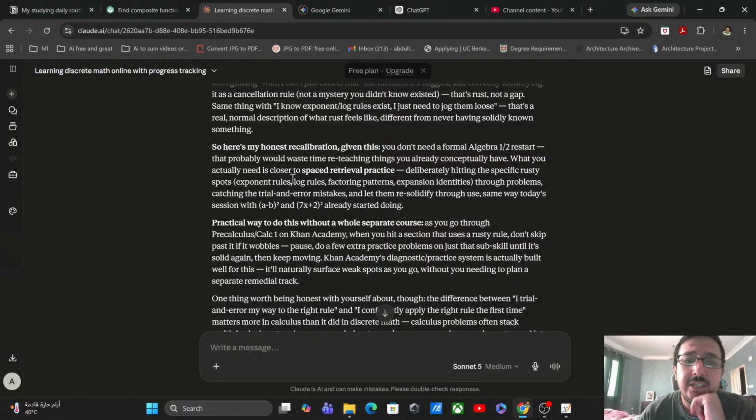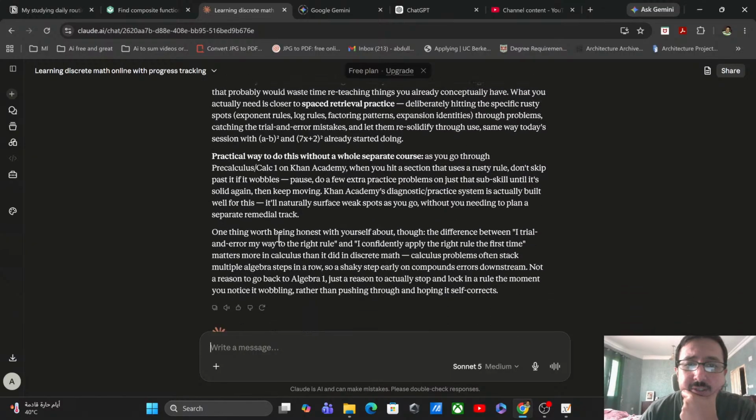What you actually need is closer to spaced retrieval practice, deliberately hitting the specific rusty spots, exponent rules, factoring patterns, expansion identities through problems, catching the trial and error mistakes, and letting them re-solidify through use. Same way today's session with 7x plus 2 already started doing.